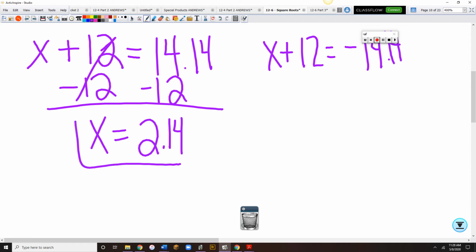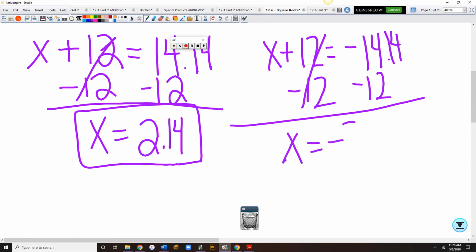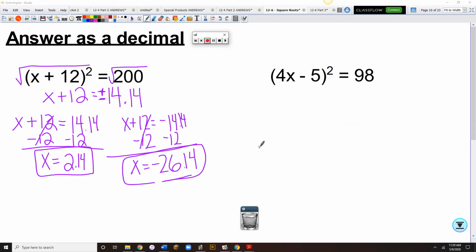So one of my solutions is x equals 2.14. And my other solution is x equals negative 26.14. Go ahead and take one more look at that before I move on to the next one. You can pause it. Moving on to the next one.